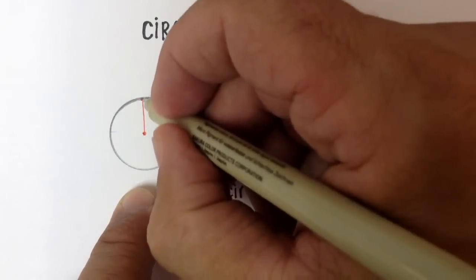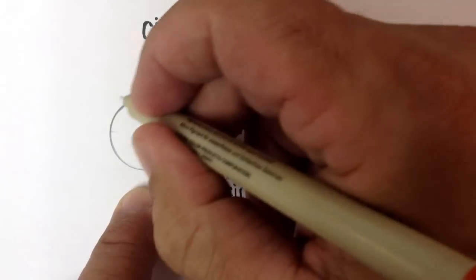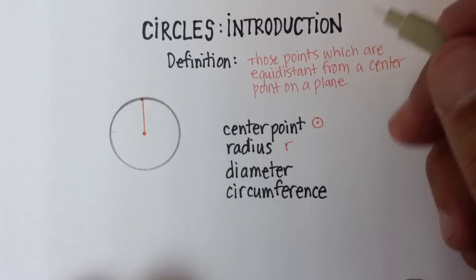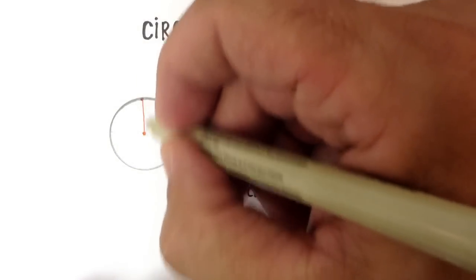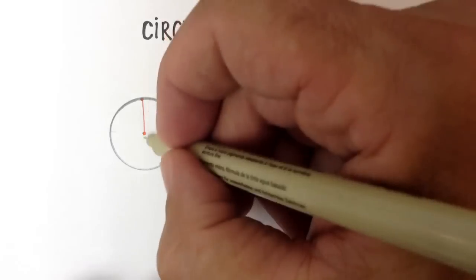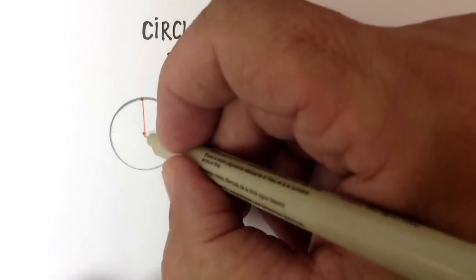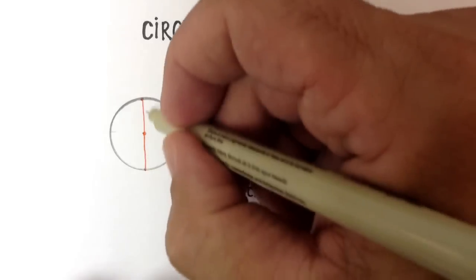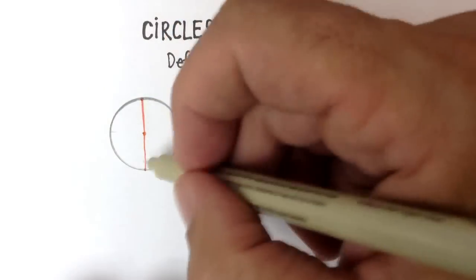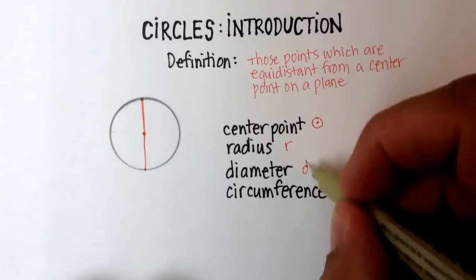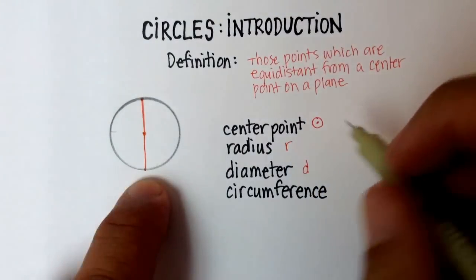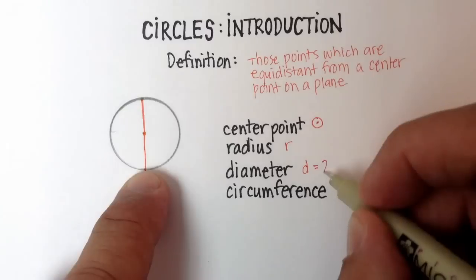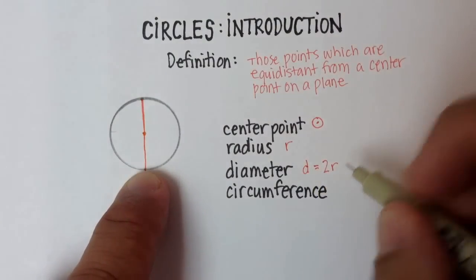The distance from that center point to any point on that traced outer edge is called a radius, and you designate that by R. Now if I were to take that line segment, because this is a segment, it doesn't go on forever, it just goes from point to point, so these are endpoints, and I were to continue on through to the opposite side of the circle, I have what's called a diameter, usually designated by the letter D. The diameter's length is 2 radii, so you could say the diameter is equal to 2 times R.